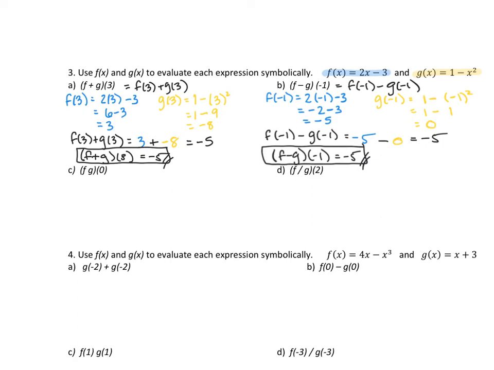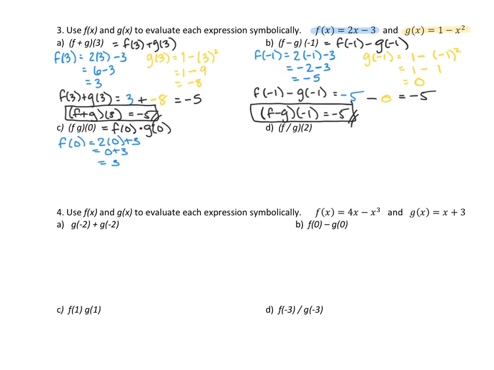So for part C, remember this is f of 0 times g of 0. So if we do f of 0, we have 2 times 0 plus 3, or 0 plus 3, also known as just the number 3. Move this up just a little bit.